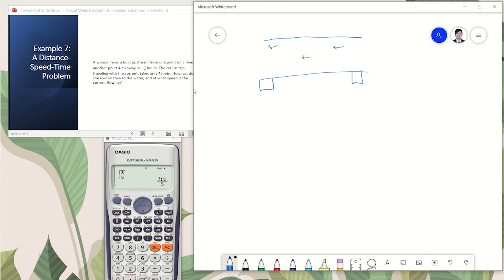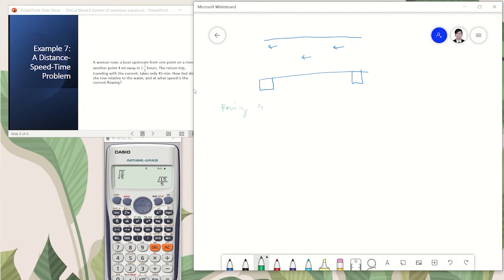That's why it takes a longer time going upstream, because you're against the current, and it is faster if you follow the flow of the current. So there are two speeds that are missing in here. Let's try to translate them.